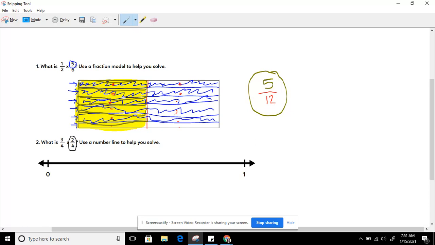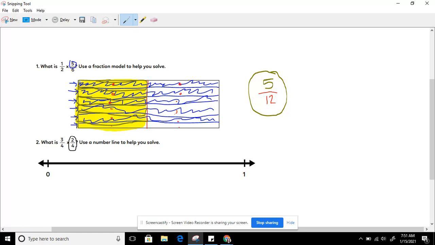And when we're using a number line to multiply two fractions, all we need is a number line from 0 to 1, because when you multiply a number that's less than 1 by a number that's less than 1, your answer is going to be less than 1. So that's all we need in a number line for multiplying fractions by fractions, because our answer is going to be somewhere between 0 and 1.